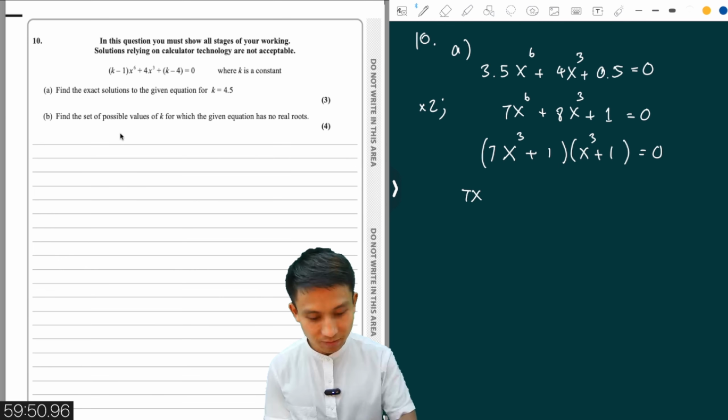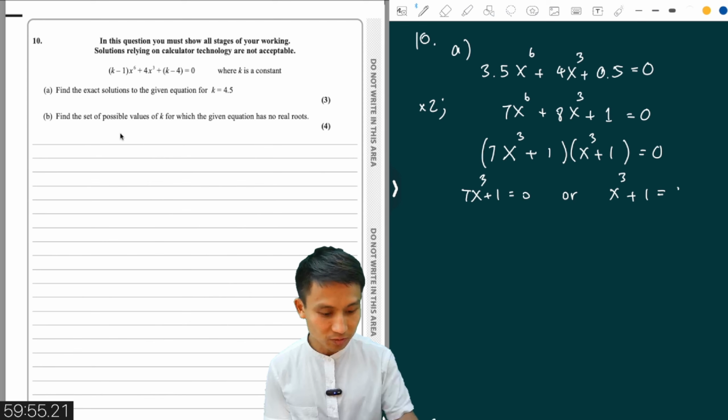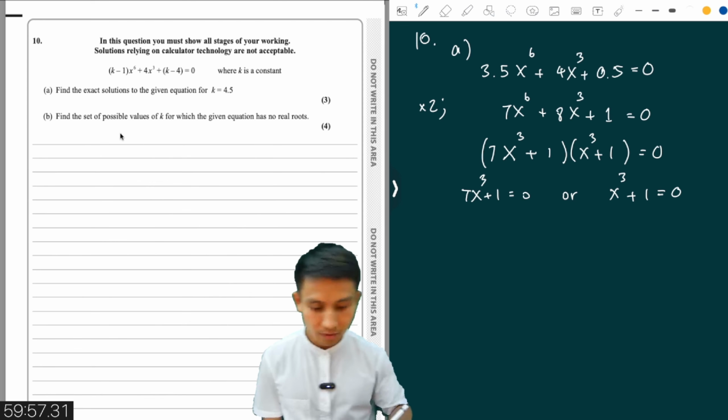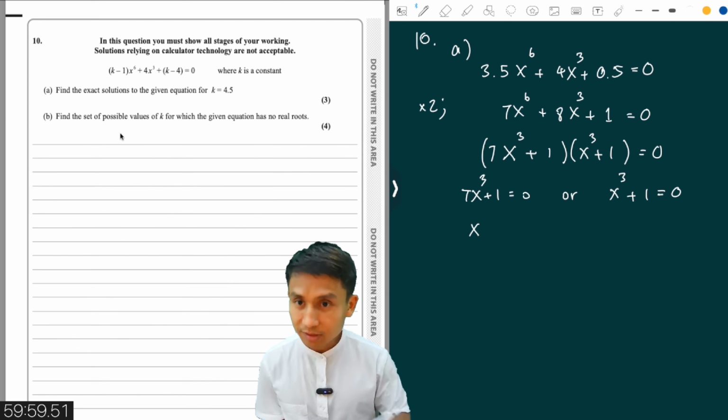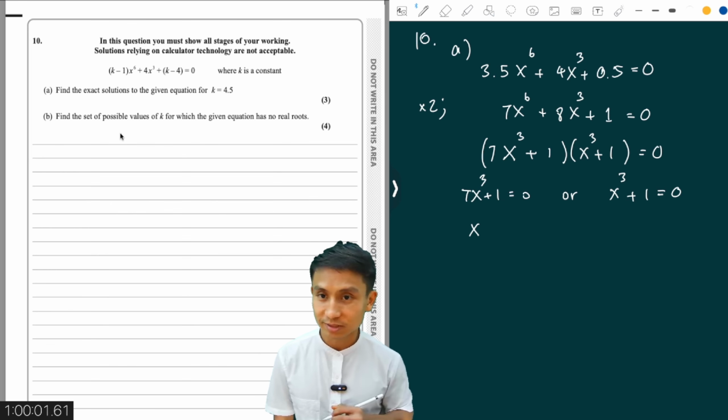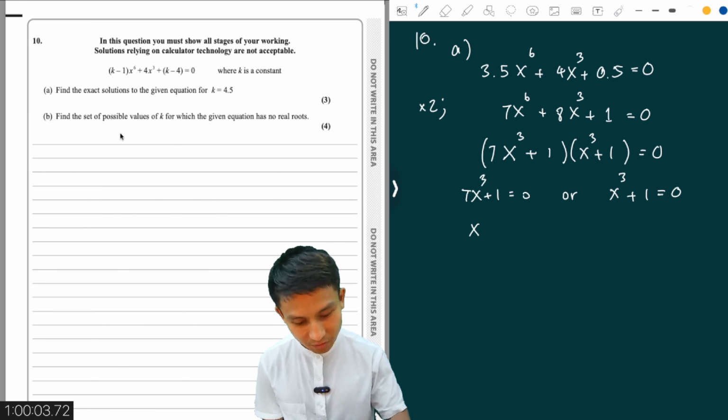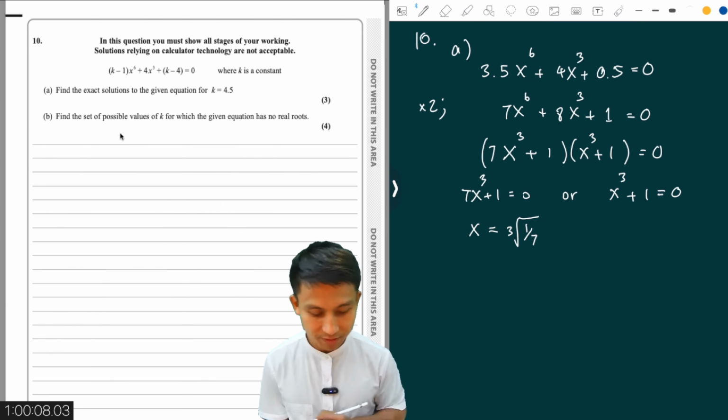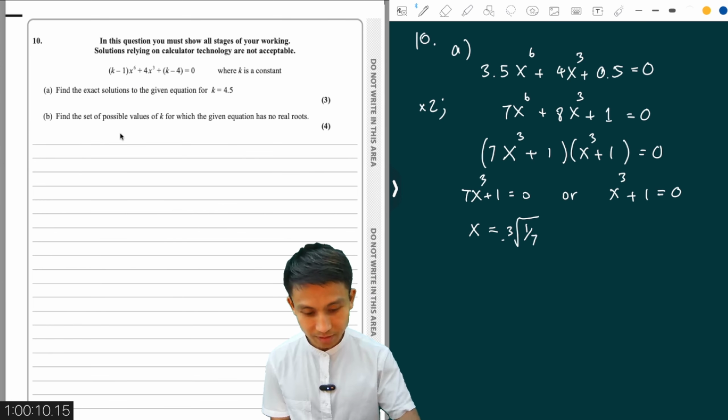So that is just 7x cubed plus 1 equals 0, or x cubed plus 1 equals 0. So these are the exact solutions. Okay, we need two answers. So x equals the cube root of minus 1 over 7.